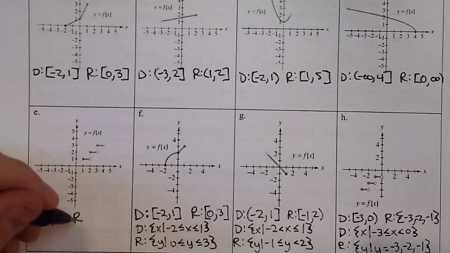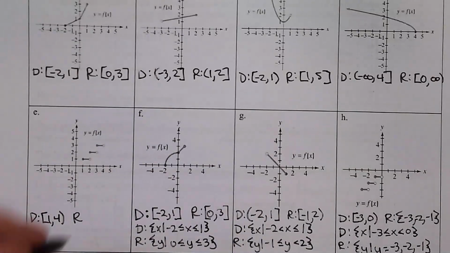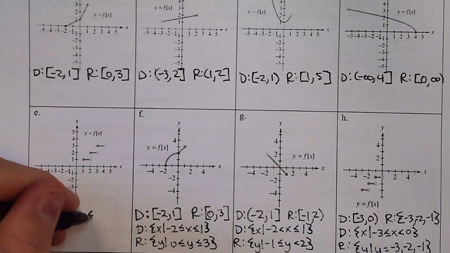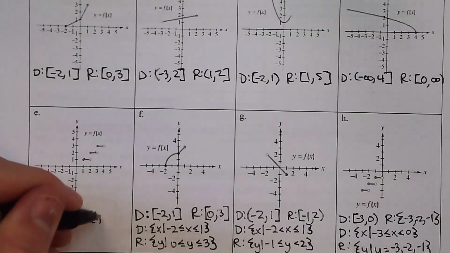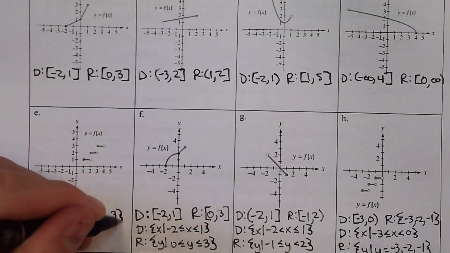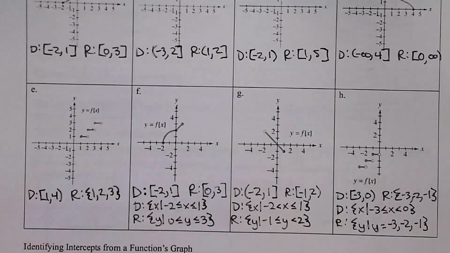And range, what I would do is I would do the bracket because it's finite values, so it's just 1, 2, and 3. Do like that. Interval implies it's every value between 1 and 4. This implies that it would just be those values alone. All right.